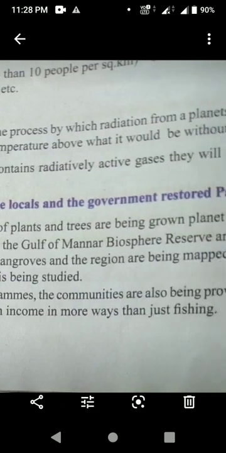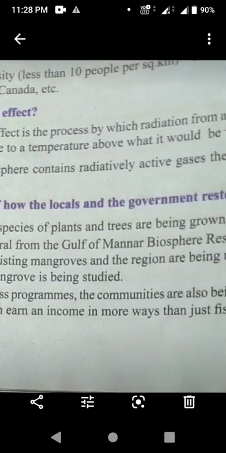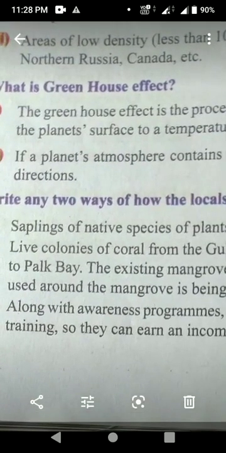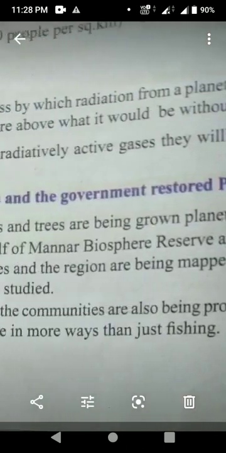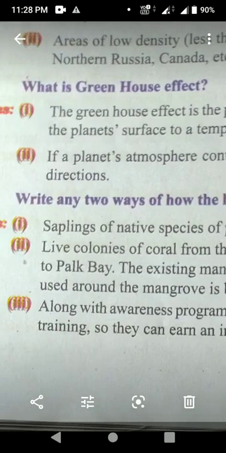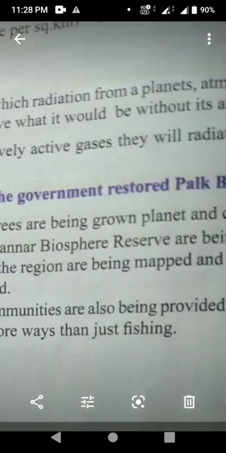Second point: live colonies of coral from the Gulf of Mannar Biosphere Reserve are being transplanted at Pak Bay. The existing mangroves in the region are being mapped and the way land is used around the mangroves is being studied. Third point: along with awareness programs, the communities are also being provided with livelihood training so they can earn an income in more ways than just fishing. Okay, next question.